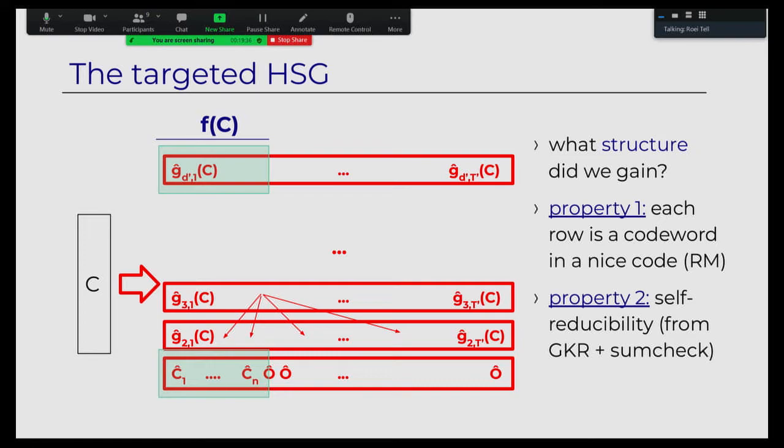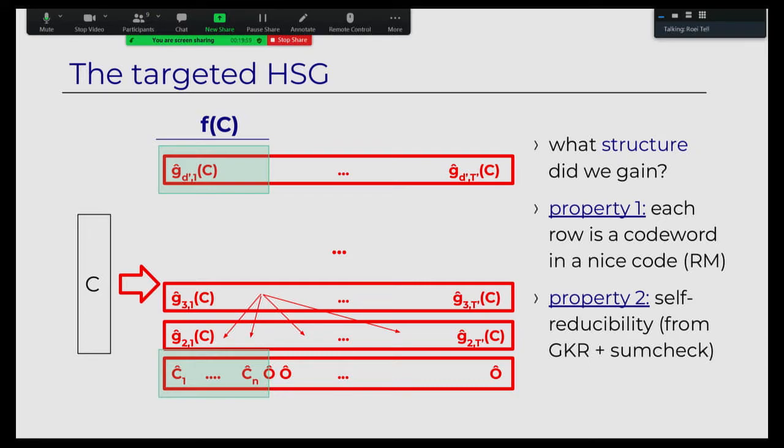Most importantly, much smaller than the width, which is n to the 2 million. This is very quick. And the two additional properties are that at the bottom, the first row is easily computable from the input. It's just the low degree extension basically of C. And at the top, we have the value of the function. And this is the structure that we get in this set of rows.